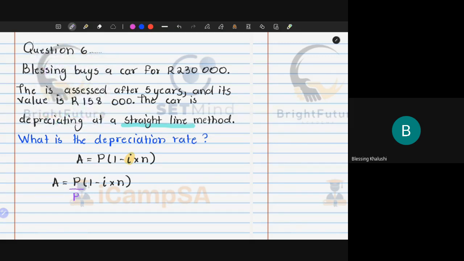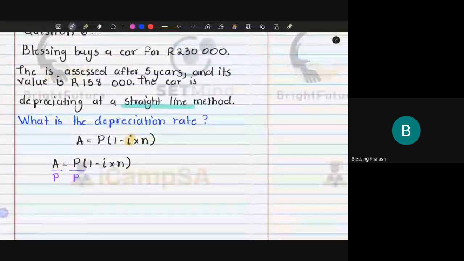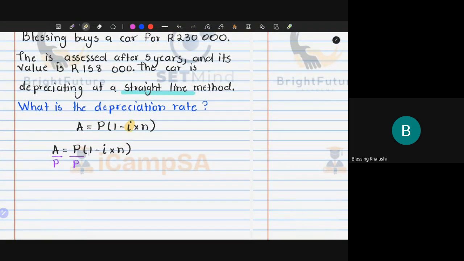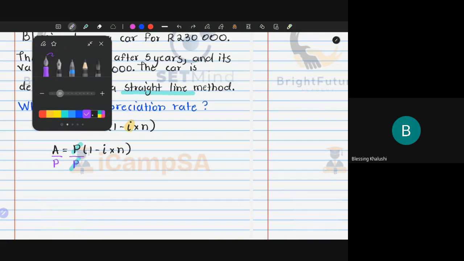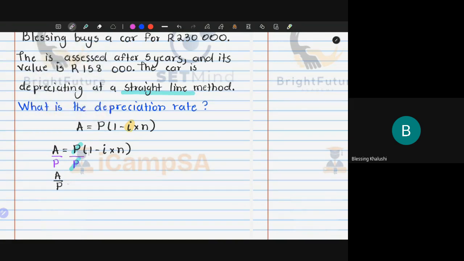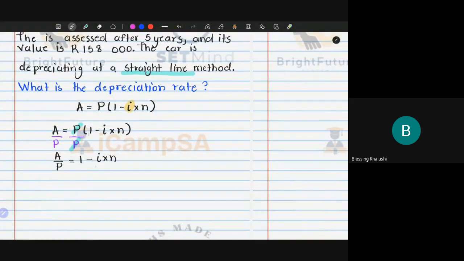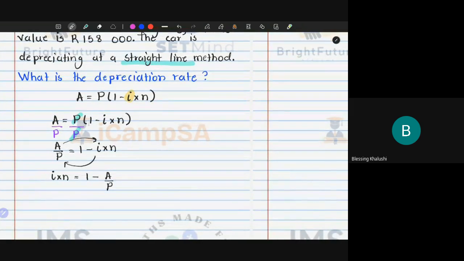So the first problem I need to get rid of is the P. When I divide on the left-hand side and on the right-hand side by P, this is going to cancel. Then what I have is A divided by P equals 1 minus i times n. Then I'm going to transpose this to this side and that to that side, so that what I have is i times n equals 1 minus A divided by P. This is just some algebra.